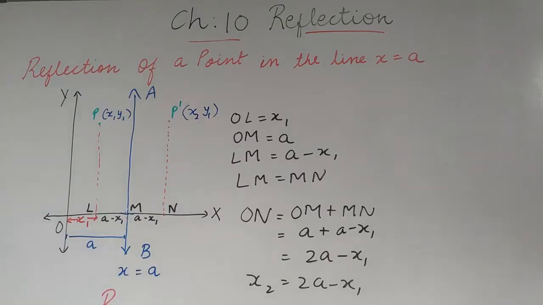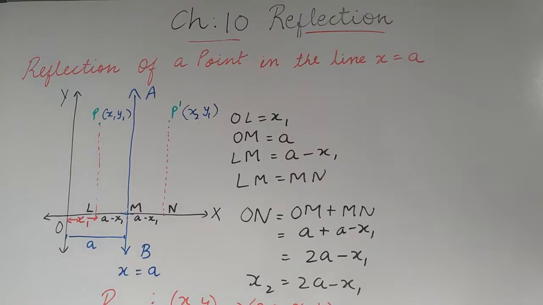Reflection in the line x equal to a, where we have some point (x, y), we represent it as (2a minus x, y). This is the main thing you have to remember: whenever a line is given as x is equal to a and some point is given to you, that x coordinate you have to write as 2a minus x.